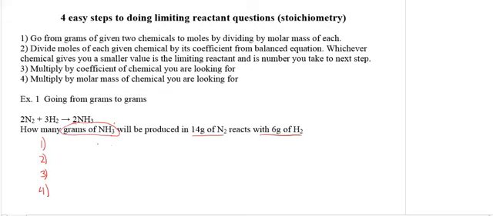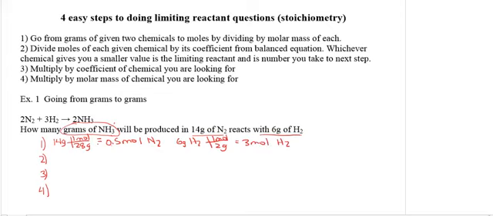So you're going to take your 14 grams of nitrogen, make a T-chart, 28 grams, 1 mole, so that's 0.5 moles of nitrogen. Do the same thing for the hydrogen, 6 grams of H2, molar mass is 2 grams, 1 mole, left with 3 moles of H2.